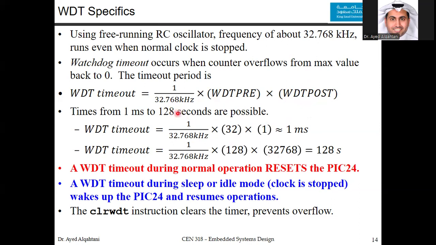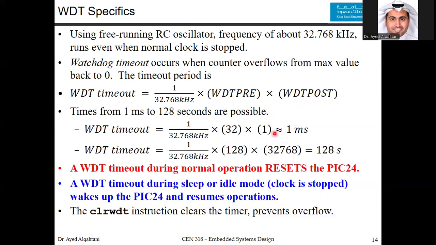So now if you want to see the upper bound and the lower bound of the watchdog timer timeout, you can plug in the least value of the pre and the post, which is 32 and 1 respectively. And for the upper bound, you get the highest value for the pre and the post, which is 128 for the pre and 32K for the post.